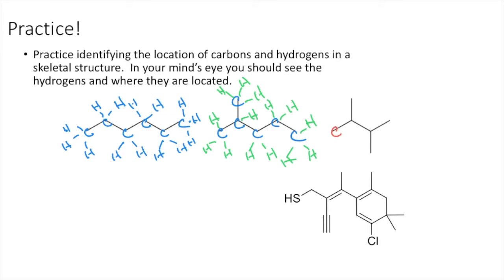Okay, over here we've got carbon here, here, here, here, here, and here. And then we can add in our hydrogens to get to a total of 4 bonds for each carbon.